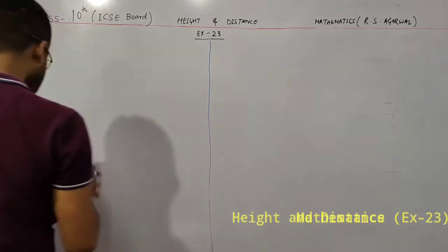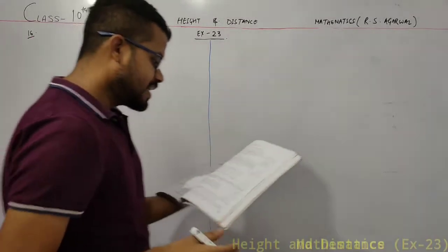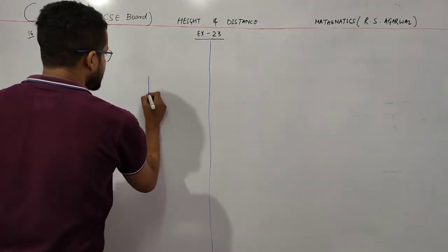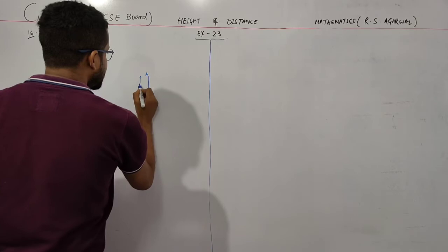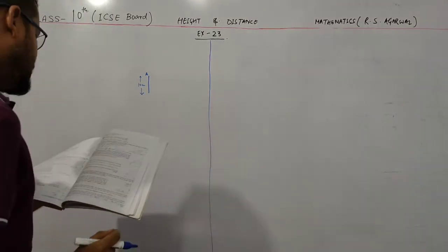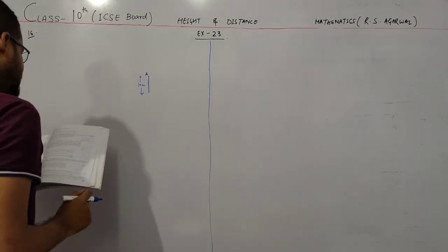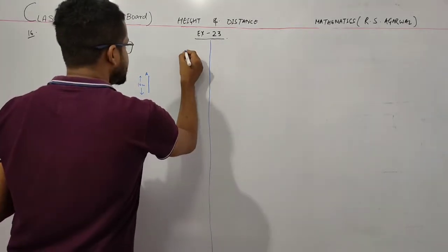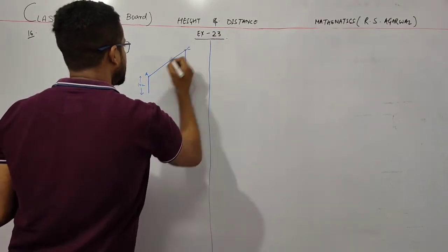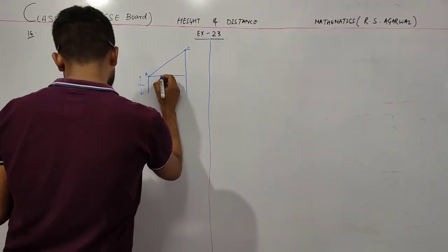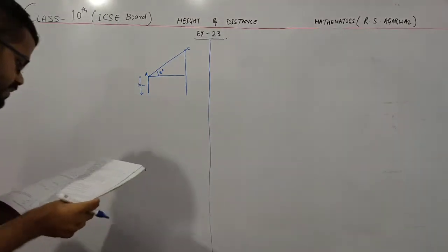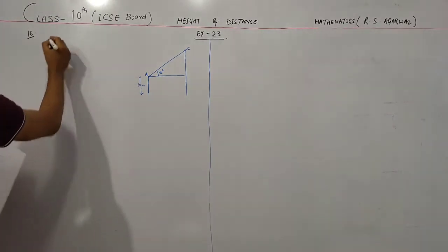Question number 16 is: from the window A, 10 meter above the ground, the angle of elevation of the top C of a tower is x degree, where tan x is equal to 5 by 2.